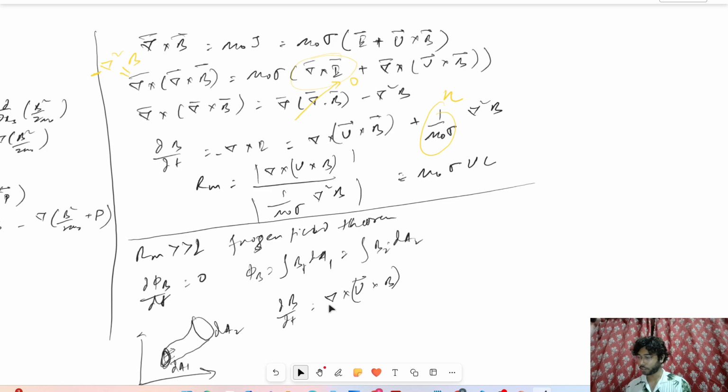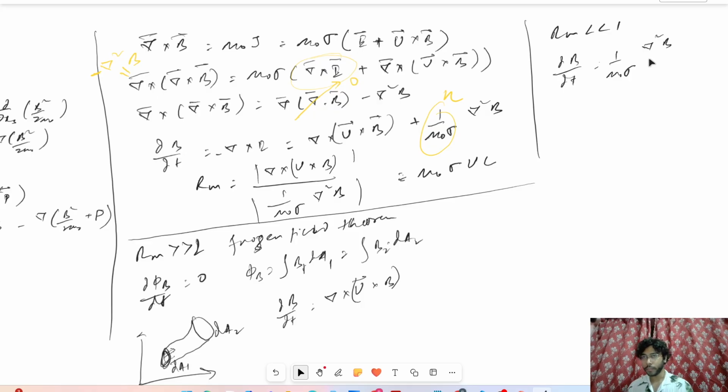Whereas if Rm is much less than 1, or in other words, the resistivity of the fluid is very high, then the equation will reduce down to this thing. So this is a diffusion equation: del B del T equals some constant times del square B. And the magnetic field diffuses.